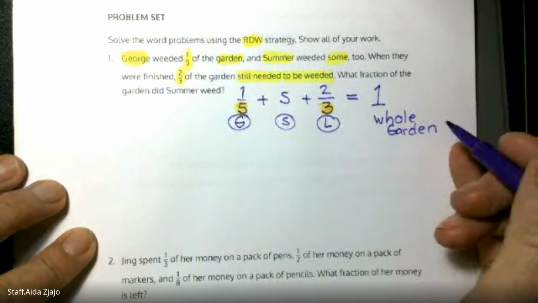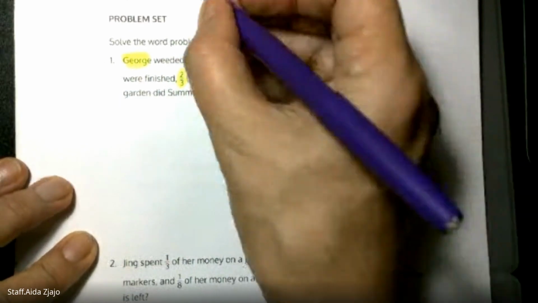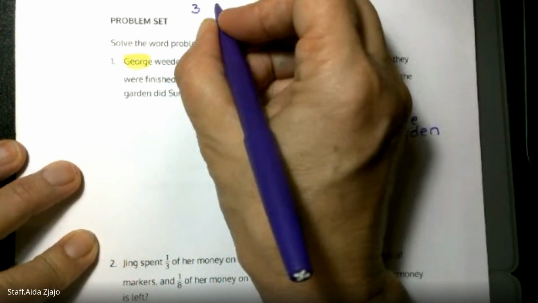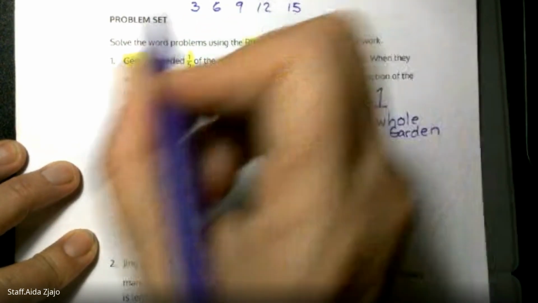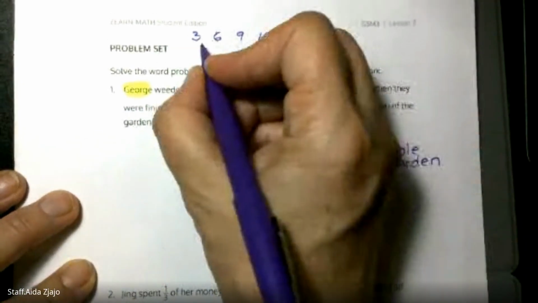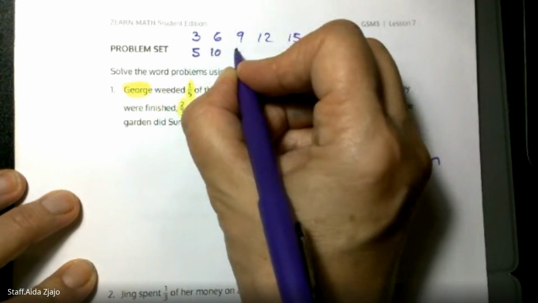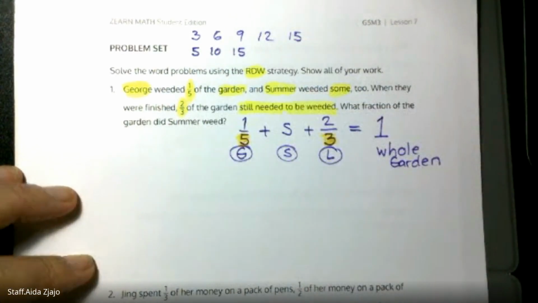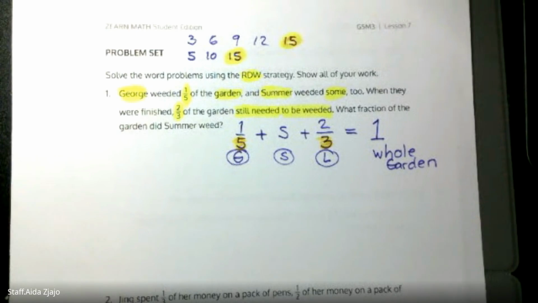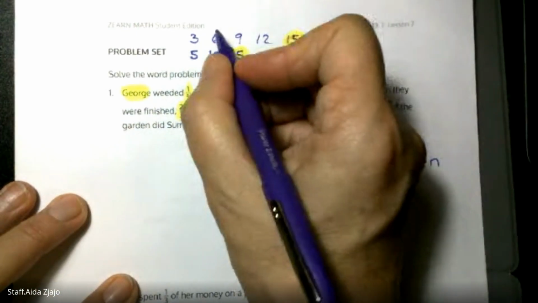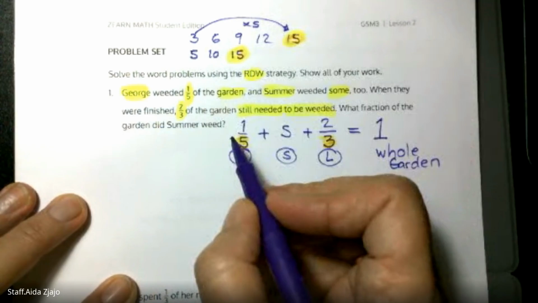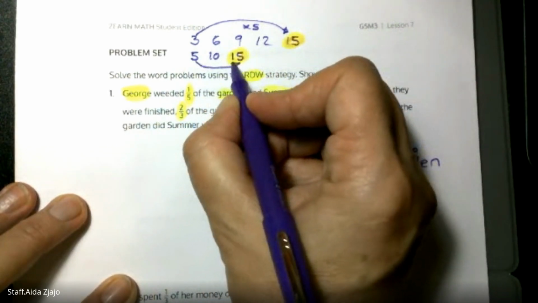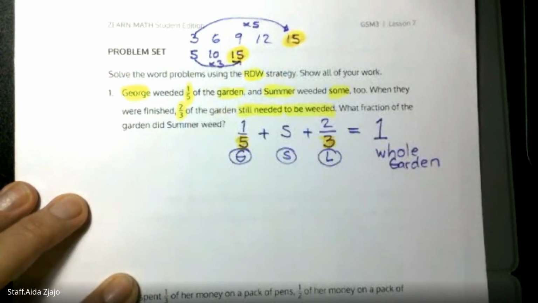But the easiest way for kids to understand is if I skip count by 3: 3, 6, 9, 12, 15, I will get to 15. And if I skip count by 5: 5, 10, 15. So the least common denominator for both would be 15. So 3 times 5 will give us 15, and 5 times 3 will give us 15 as well.